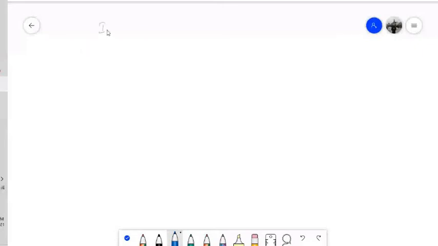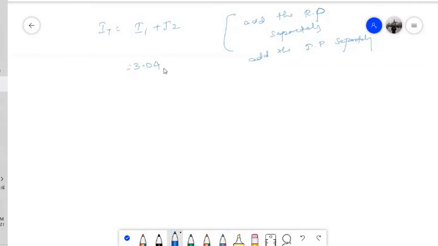Now to find IT, you can simply add I1 and I2, add the real part separately, and you can add the imaginary part separately. So you'll be getting, you can check this calculation, 3.04 plus j into 2.39.